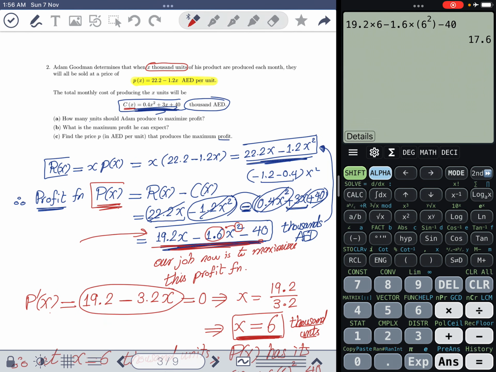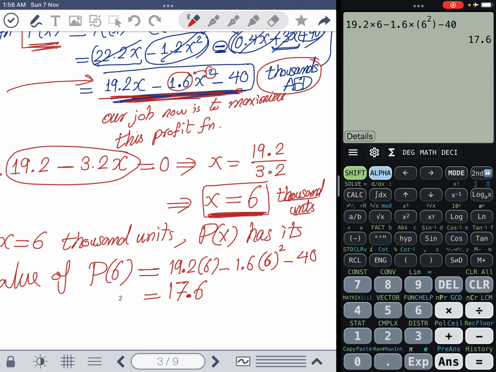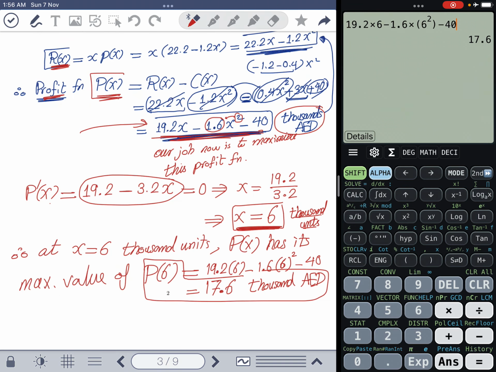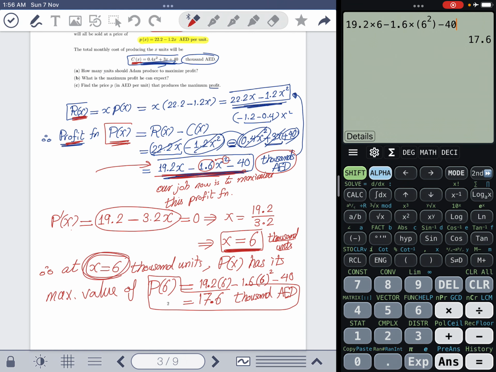Just like the cost and the revenue, the profit is given in 1,000 dirhams. So this is 17.6 thousand AED. Okay, so here the maximum is at x equals 6, and the value is 17.6.